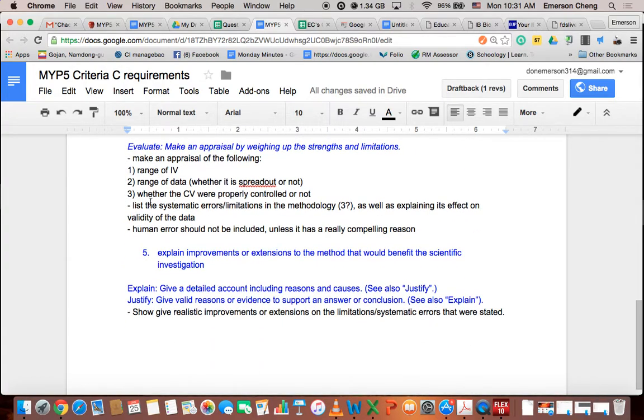Now, you also need to talk about whether control variables are properly controlled or not. For this criterion C, I'll show you pictures of the setups, like last time, and a brief description of how the experiment was done, enough for you to talk about some design flaws. Please, hi guys, look over here. When you're talking about control variables or evaluation, make sure you talk about the real systematic error that you see.